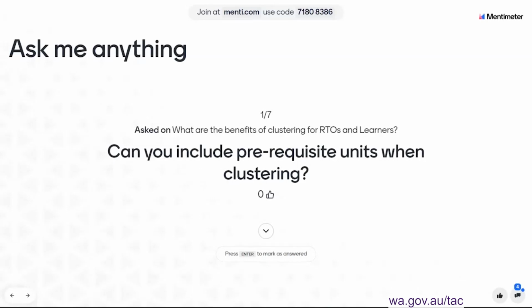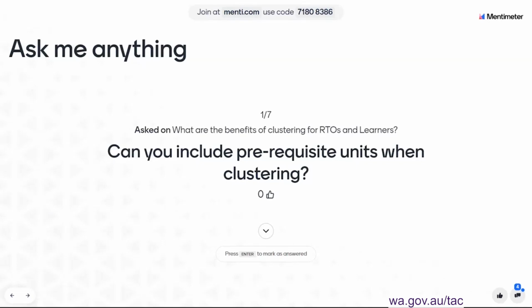Very good question. Prerequisite units have to be assessed before the assessment for the other unit happens. So you could absolutely cluster for delivery. When it comes to the assessment, you would have to assess the prerequisite unit before you assessed the unit that it was a prerequisite for.